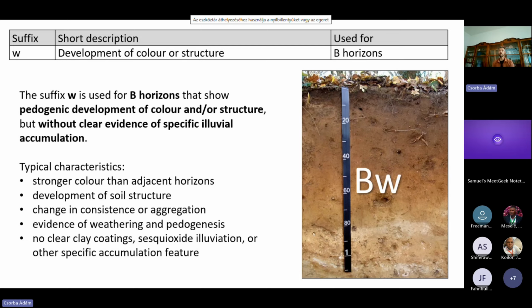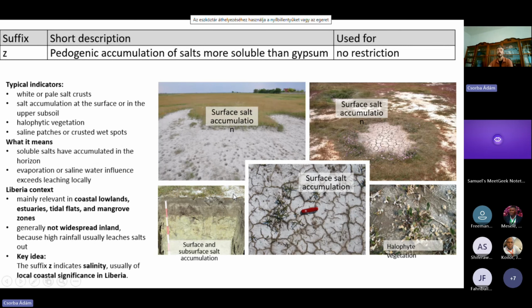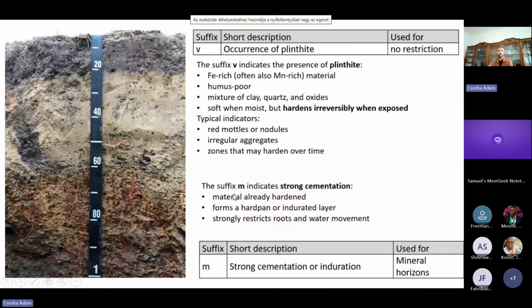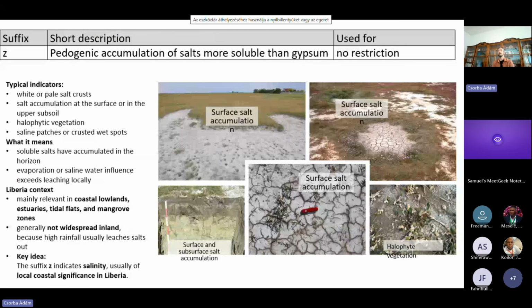So if we see in a soil profile that some kind of soil forming process is ongoing, but we don't see clay illuviation, we don't see podzolization, we don't see the evidence of any kind of strong soil forming process, those are the horizons that we call the W, weak horizons.